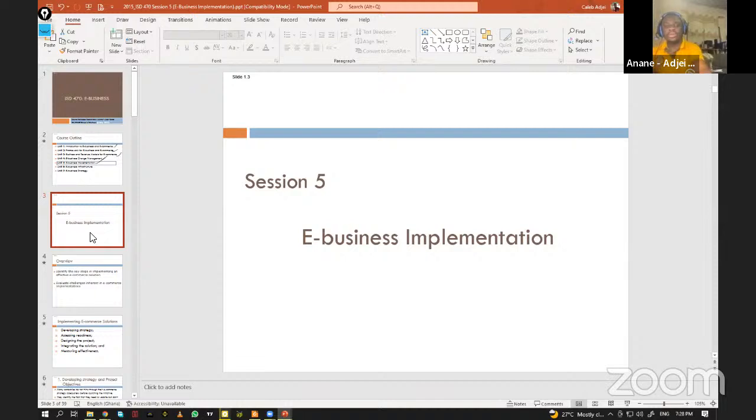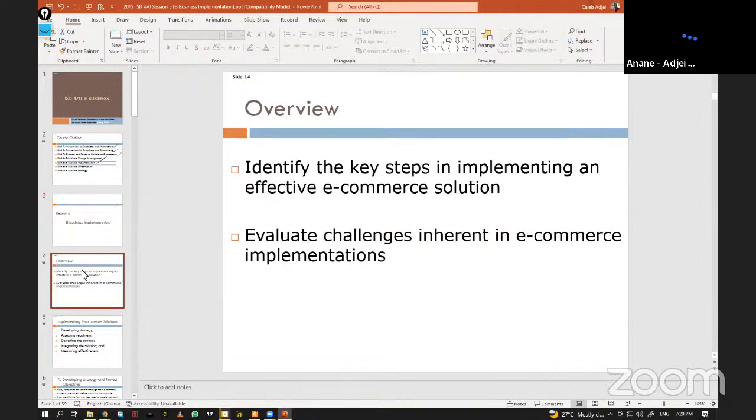Okay, so we talk about e-business implementation and we are saying that we'll be looking at how to identify all the key steps in implementing an effective e-commerce solution. Then we'll look at the challenges that are inherent in e-commerce implementation.